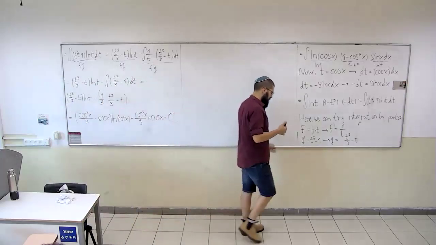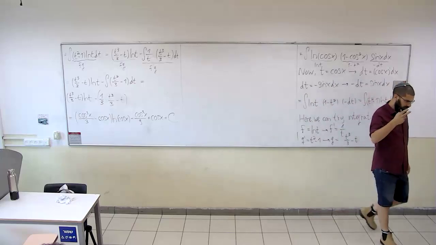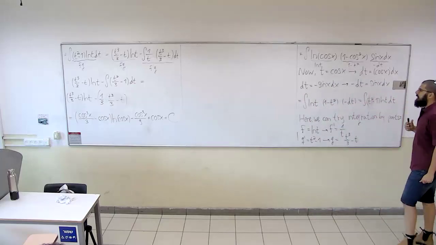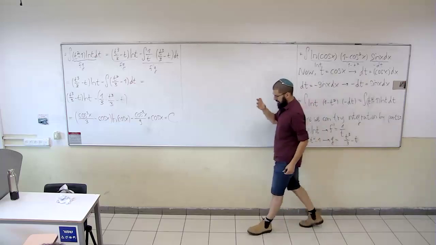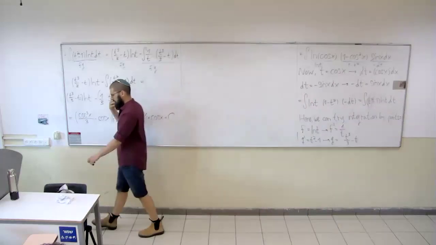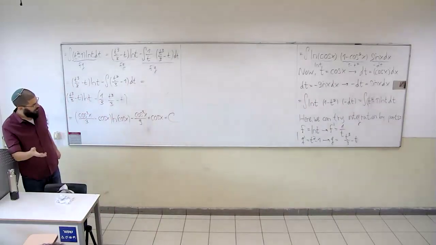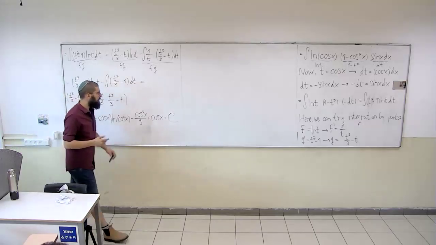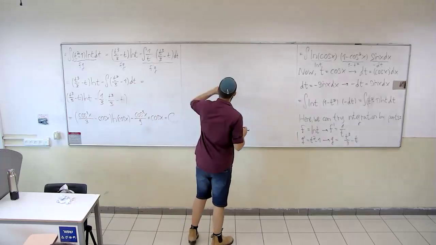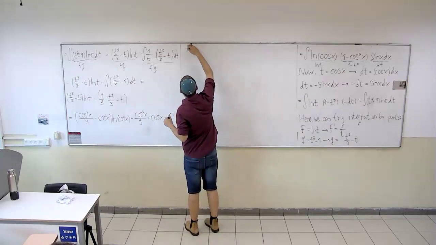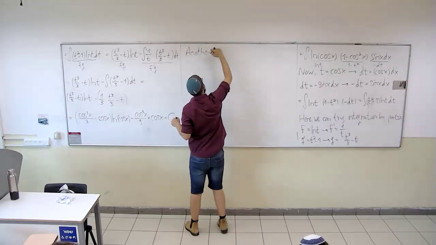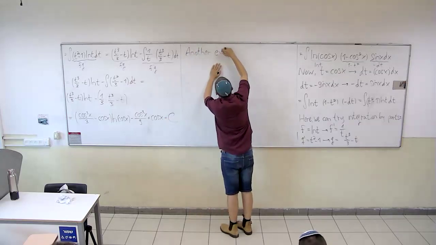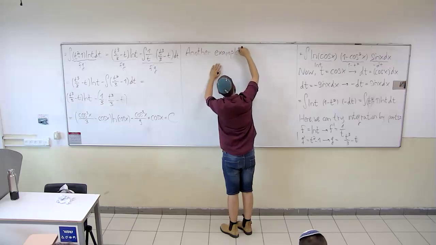But one can think of a more general idea of substitution, where we substitute an expression of x with a different expression of t, or u, or whatever, not just t itself. I'll start here with the example, then I'll explain how we do it, and we'll actually do it.